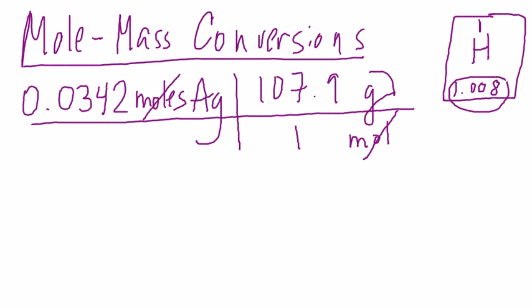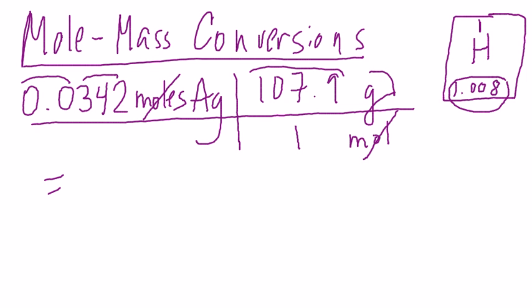That's grams per mole. When we put that number in, because it's on top of the fraction, that means we're going to be multiplying 0.0342 times 107.9. Following our rules of significant figures, these zeros are simply placeholders, which leaves us with 3 significant figures on the left, and in the molar mass there are 4 significant figures.